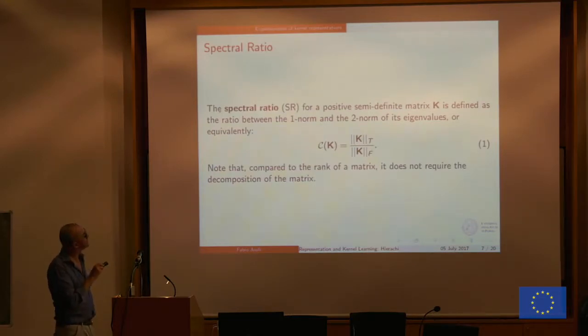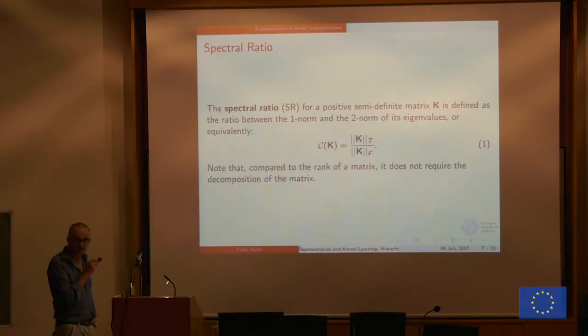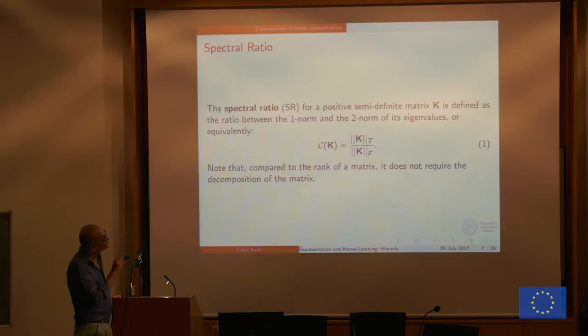Basically, the spectral ratio is the ratio between the one norm and the two norm of the eigenvalues of the kernel matrix. But the one norm of a positive semi-definite matrix can be just computed using the trace of the matrix, which means the sum of the entries in the diagonal, while the two norm of the eigenvalues can be computed by using the Frobenius norm of the matrix.